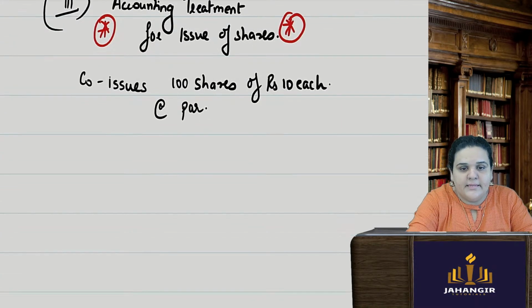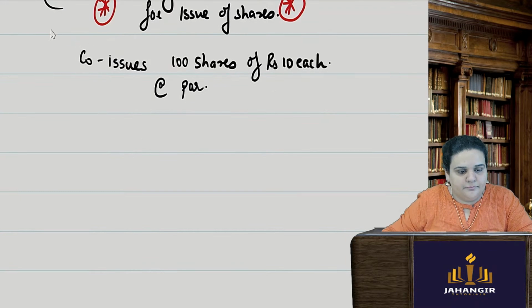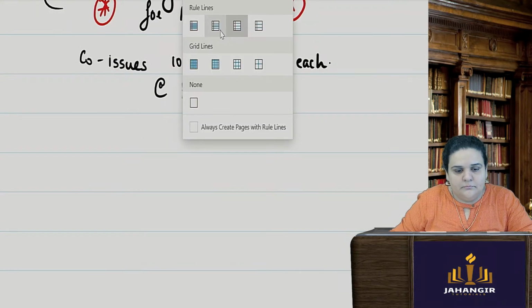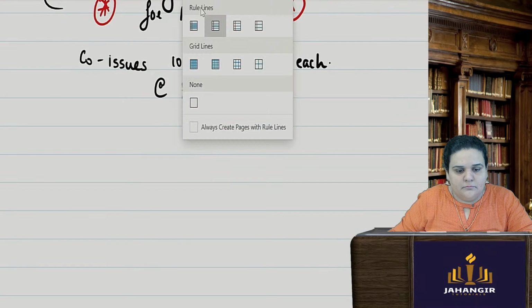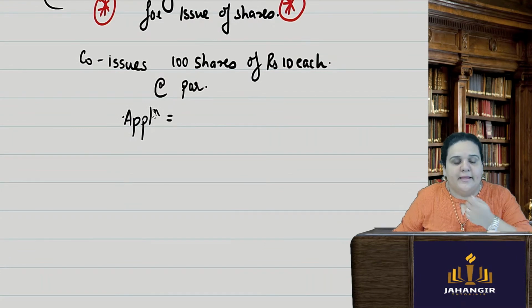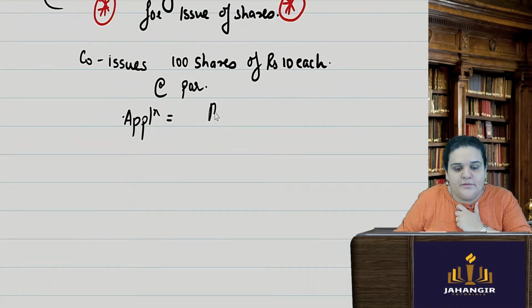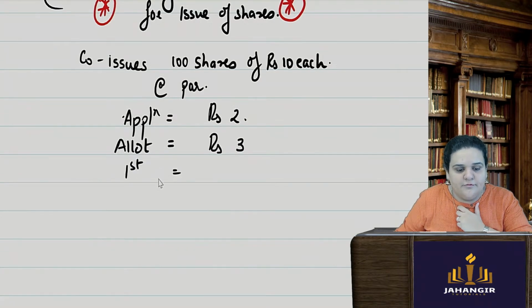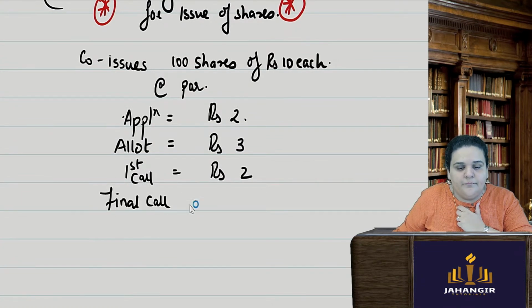The money is collected in this manner. At the application stage, when you apply for the shares, you have to pay rupees 2. At the stage of allotment, the company is going to collect rupees 3. On first call, again rupees 2, and on final call, rupees 3.